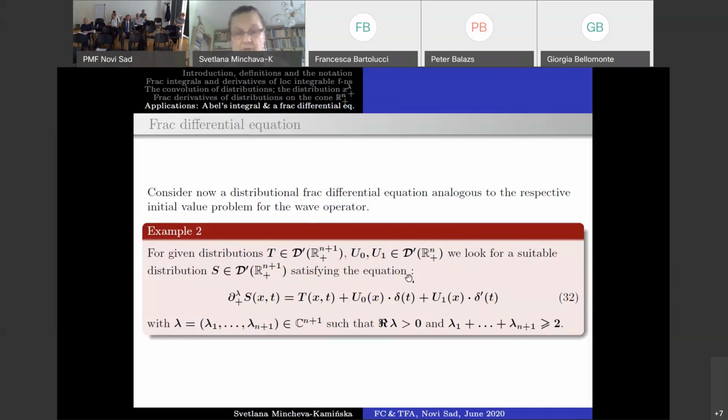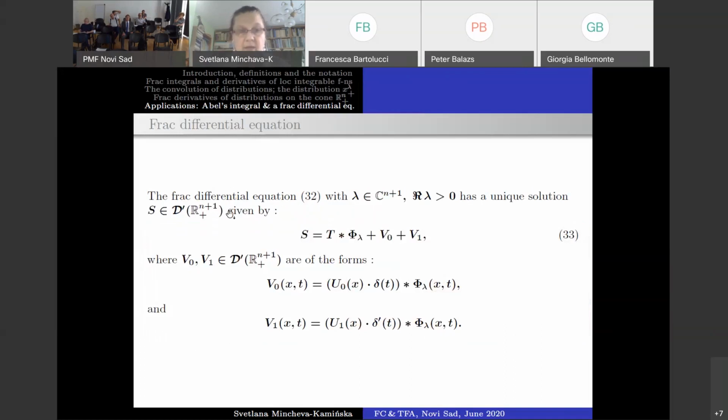We look for a suitable distribution satisfying this equation 32 for an arbitrary complex vector with positive real parts, such that the sum of the components of the vector is greater than 2.